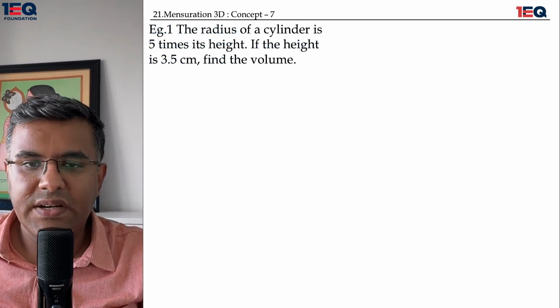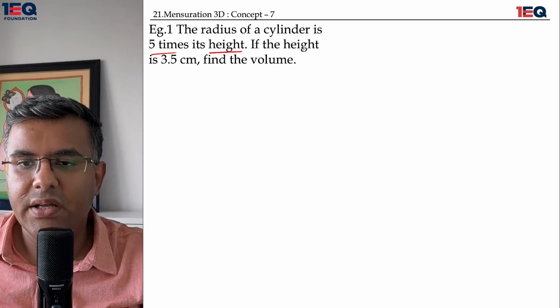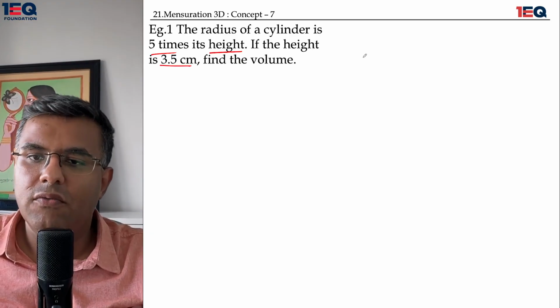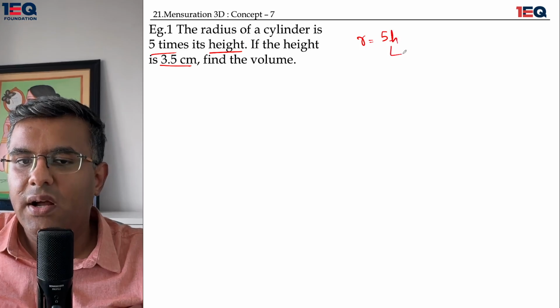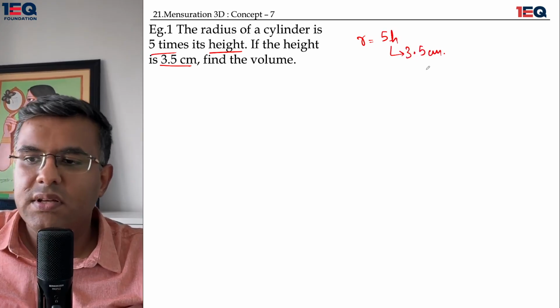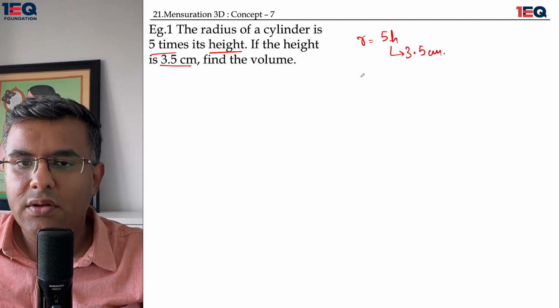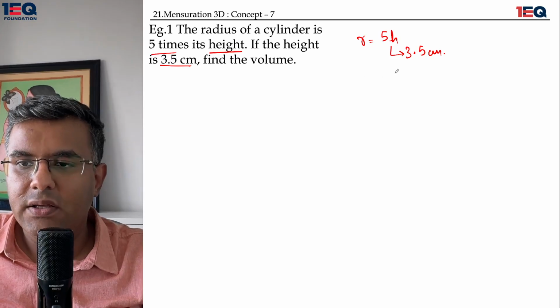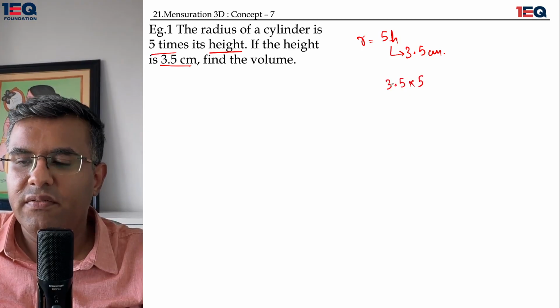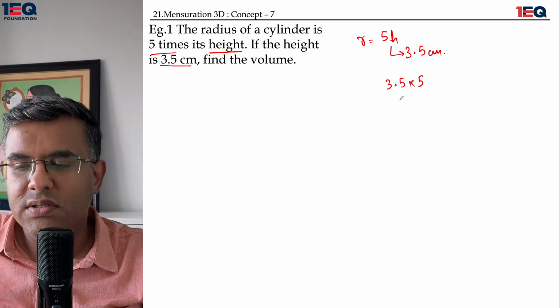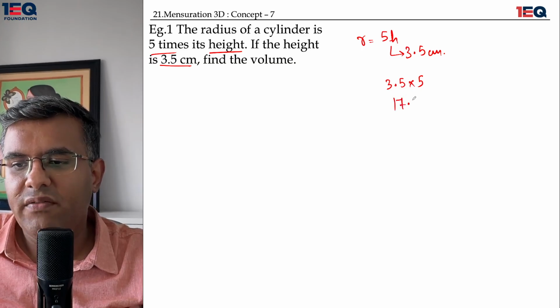The radius of a cylinder is 5 times its height. If the height is 3.5 centimeters, find the volume. The radius is equal to 5 times the height. The height has been given as 3.5 centimeters, so 3.5 multiplied by 5. This is not 15, this is 17.5.